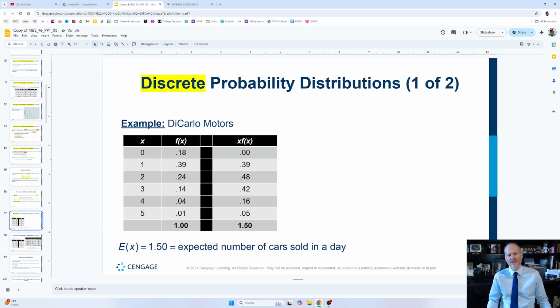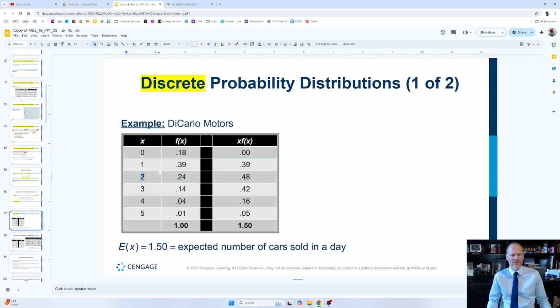And here is the probability distribution. If we have this variable on any given day, we could put it into this function, and it'll spit out this outcome and tell us the probability of selling 2 cars on any given day is 0.24. So that's a discrete probability distribution here.